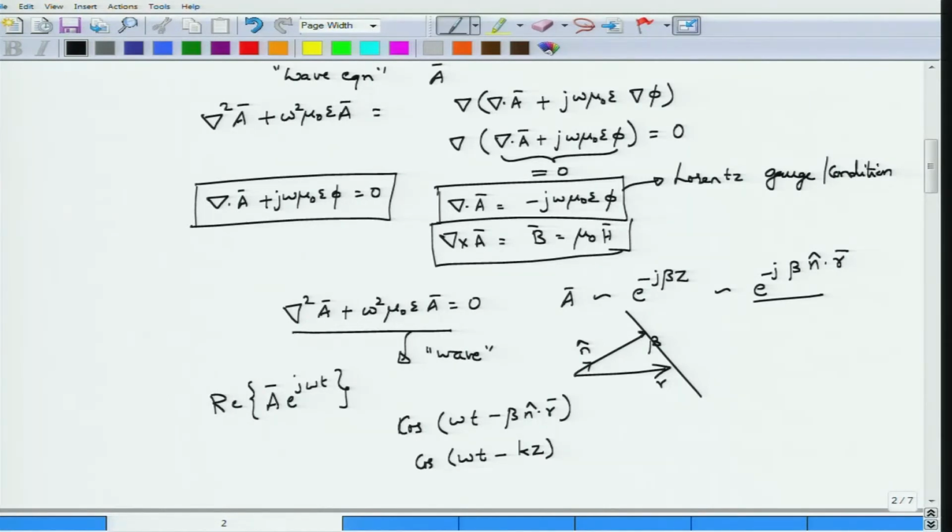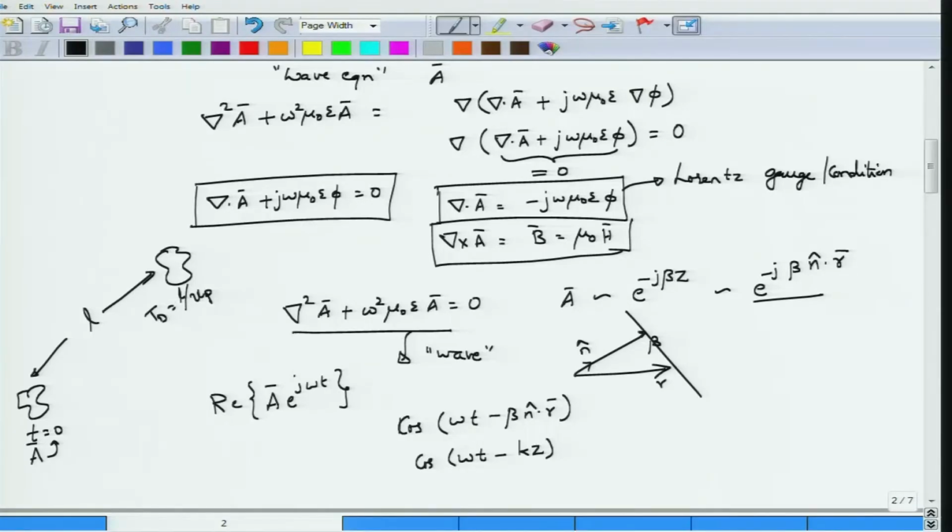Because of this wave nature, if A changes suddenly from one value to another at t equal to 0, then this disturbance won't be visible to me if I am sitting at a distance of L from the source. I will be able to see it only after L by u p, where u p is the phase velocity for that particular frequency component. It's just a time delay.